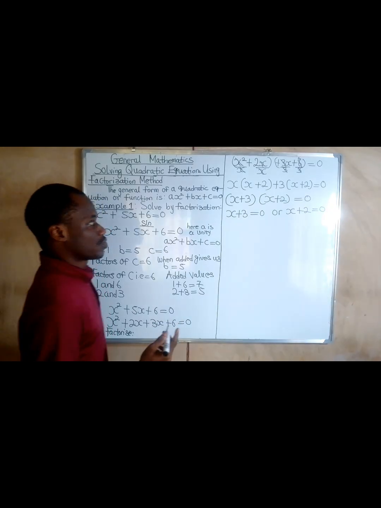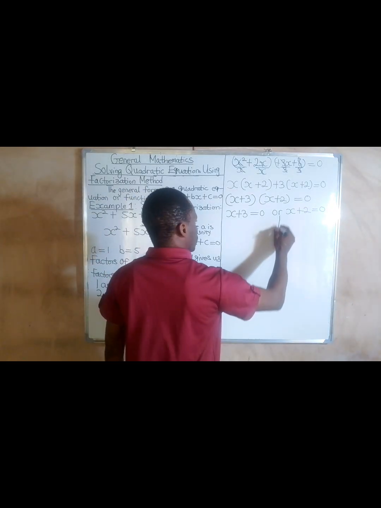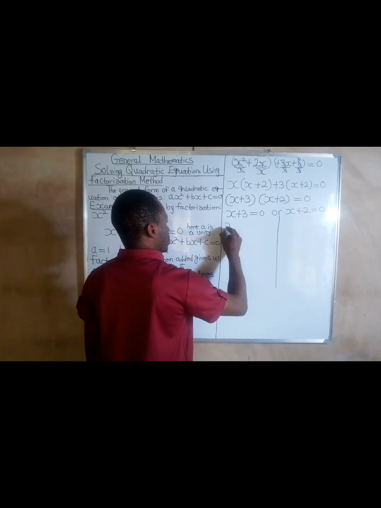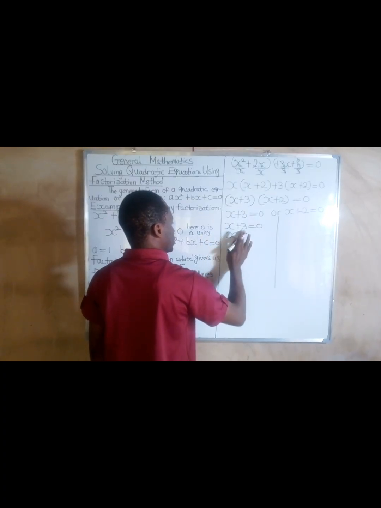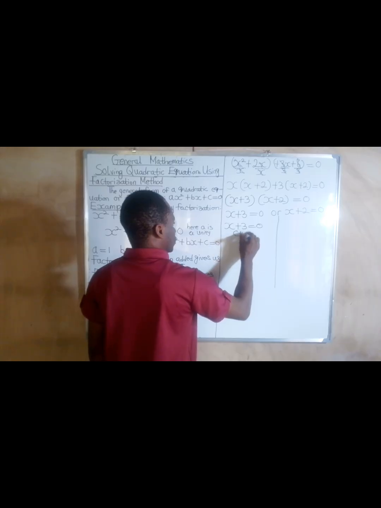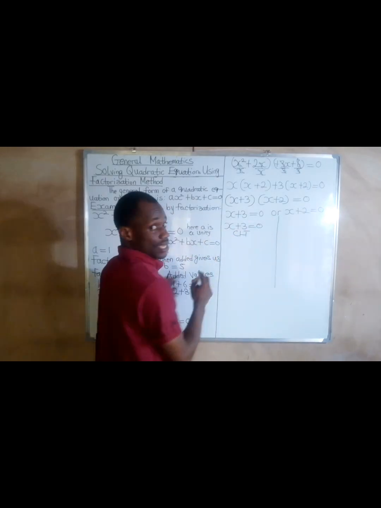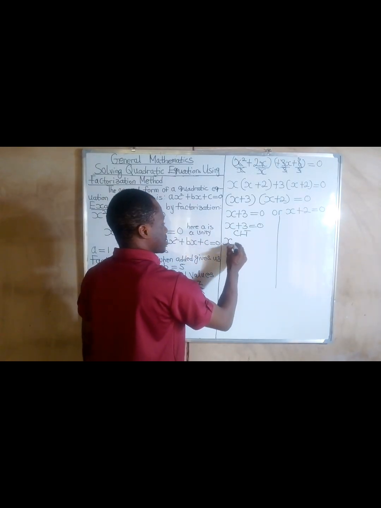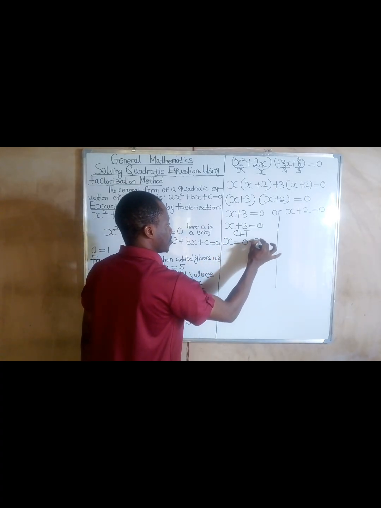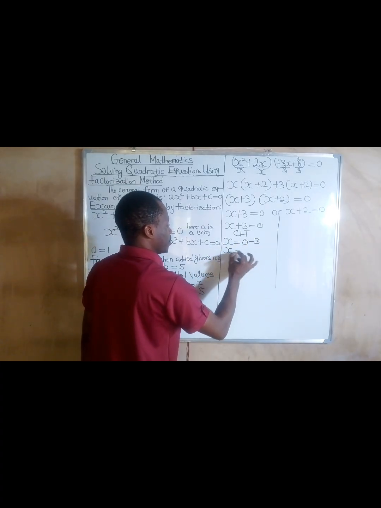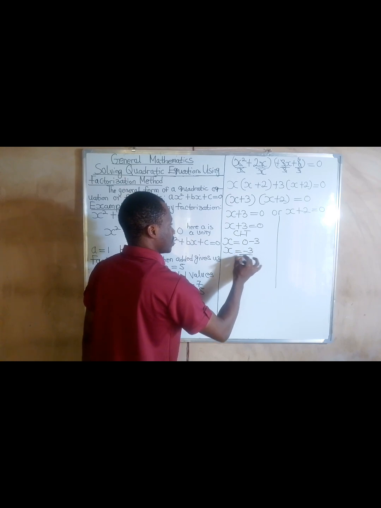Now, when we say x plus 3 is equals to 0, we'll bring it out. X plus 3 equals to 0. Collect like terms here. 3 crosses the sign of equal to, it becomes x is equal to 0 minus 3. And 0 minus 3 will give us negative 3.